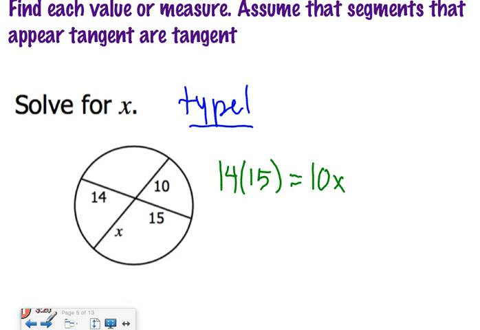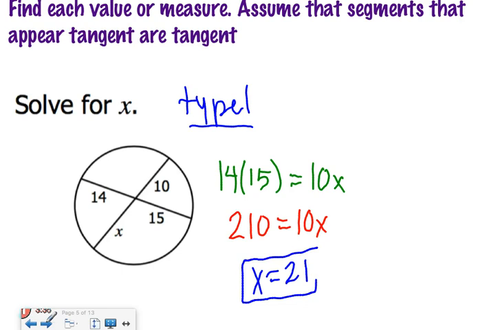What is 14 times 15? 210 equals 10x. Divide out, we get 21. Type 1. Those are the easy ones. Are you okay with that?